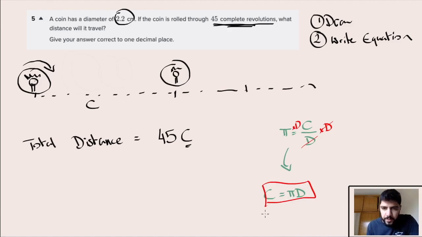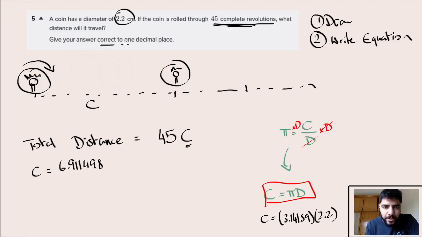So let's find C. So we can write C equals 3.14159 times 2.2 with our calculator. C equals 6.911498. I know it says one decimal place. I'm going to leave it as that for now, and in the very end, I'm going to round to one decimal place. So we have C. Now we need the total distance.